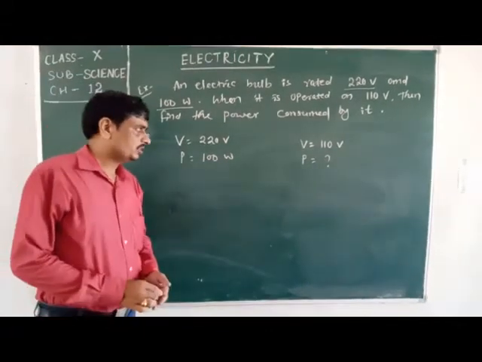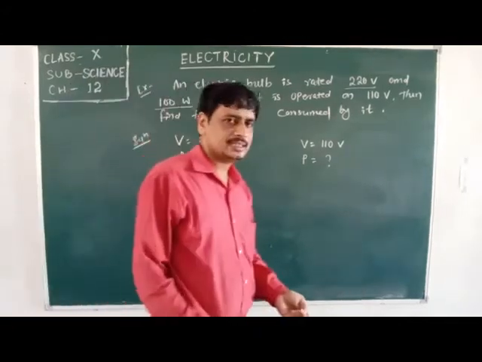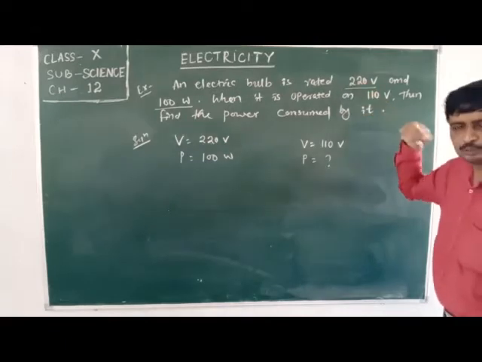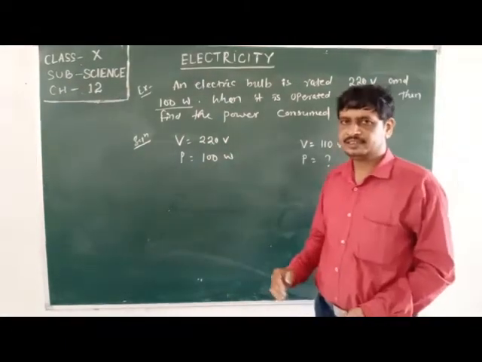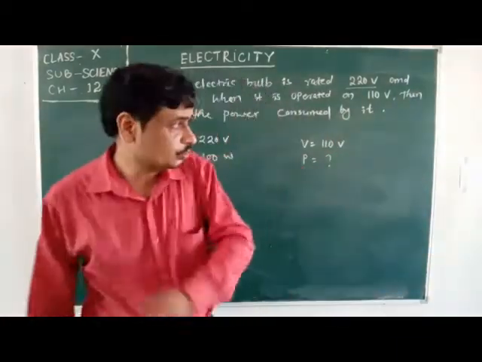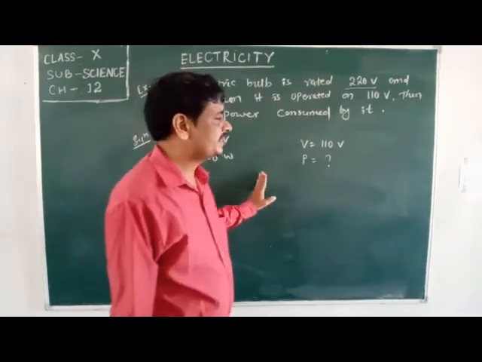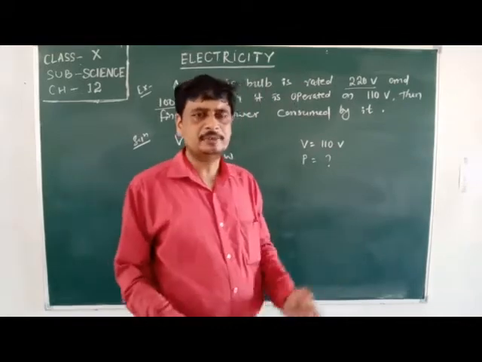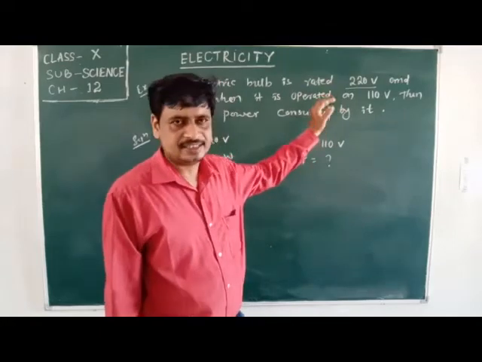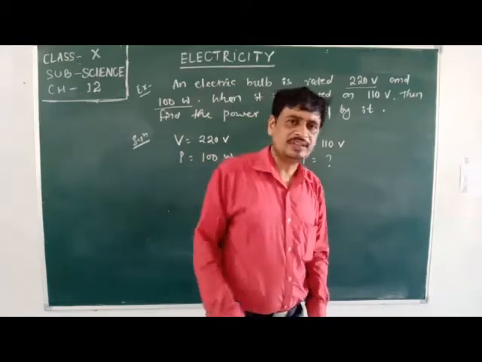So we have to relate this power and potential difference. Since it is connected with sources of different potential difference, the amount of current will change. According to Ohm's law, current is directly proportional to the potential difference between the ends of the conductor or between the terminals of the source. Since the source is changed from 220 volt to 110 volt, the amount of current will change.